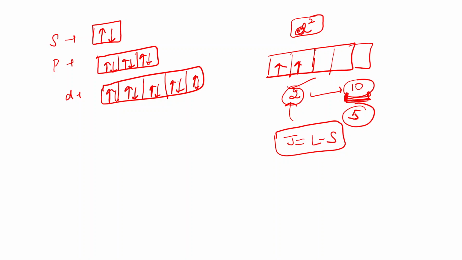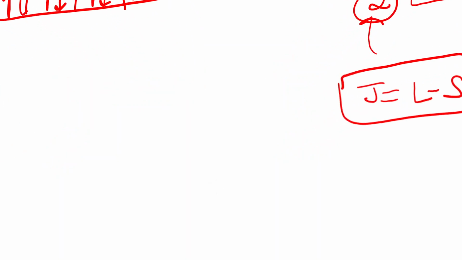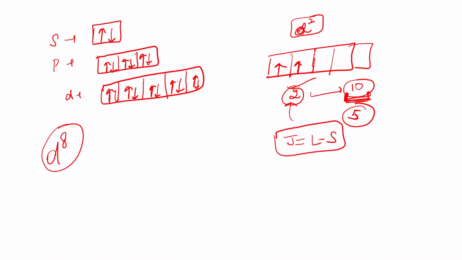Now just tell me for the D8 system. D8 means there are 8 total electrons.